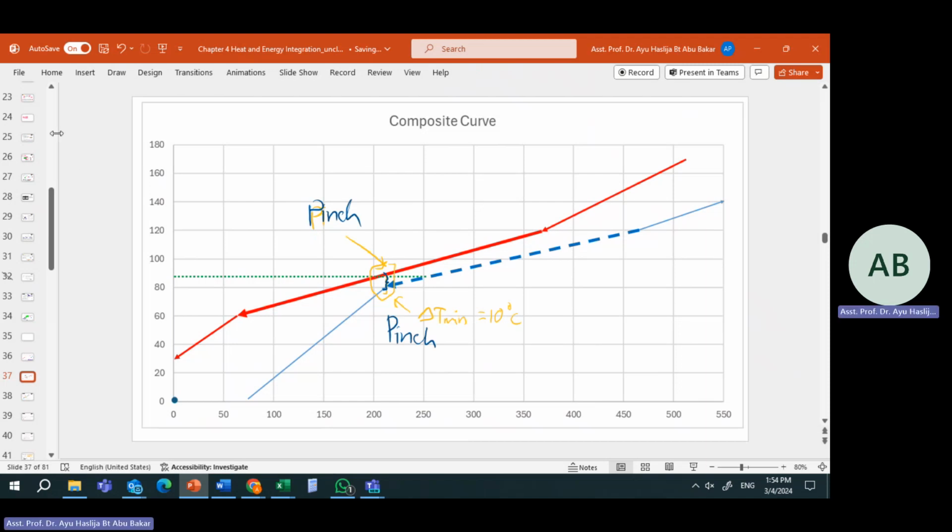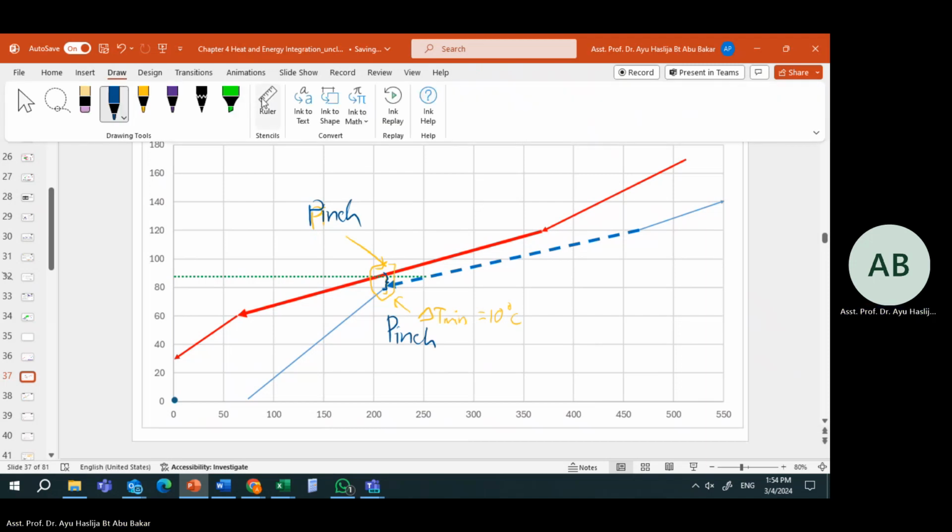So how to find the QH min and QC min over here?